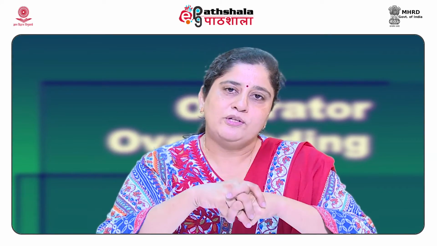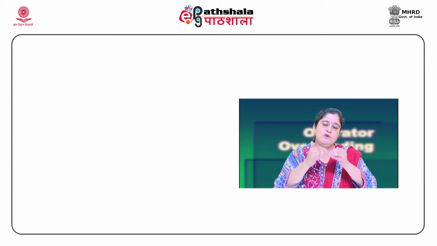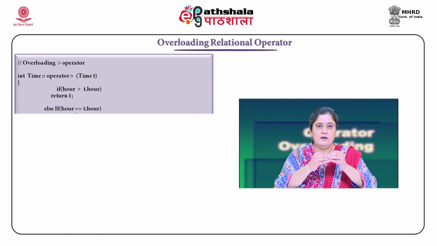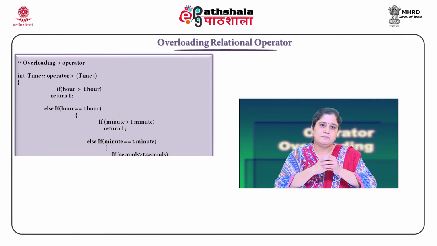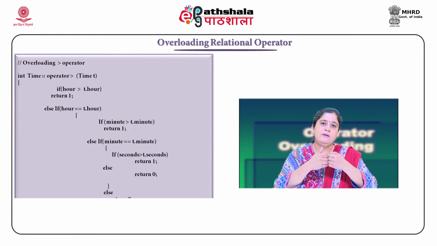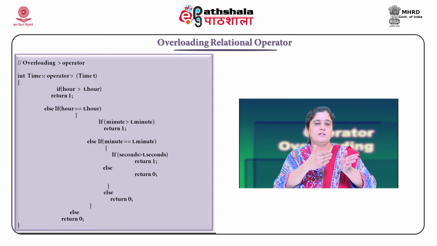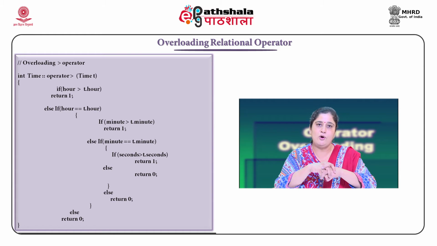How will we overload this operator? The syntax for this overloaded operation will be like this: the return type is integer, because we would want to return from this function whether the first object is greater than the other one or not.